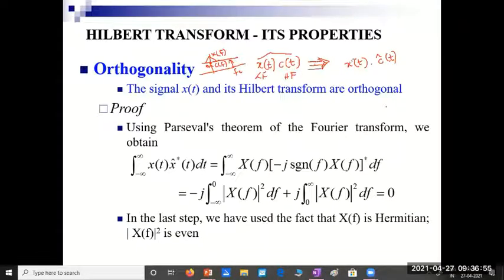So when you multiply a low frequency signal with a high frequency signal, the end result would be X of t into C cap of t, because you will be finding the Hilbert transform of the high frequency signal only. This is the fourth property of Hilbert transform.